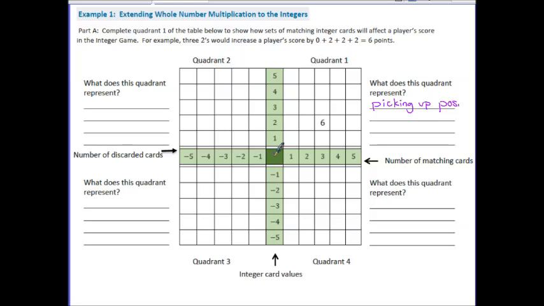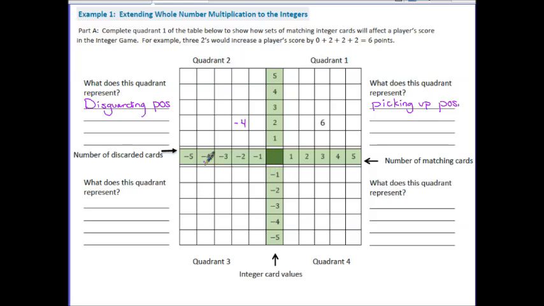If I discard 2 cards that each have a value of 2, if I discard the first card, then my score would go down 2, and if I discard the second card, my score would go down 4. So this quadrant represents discarding positive cards.